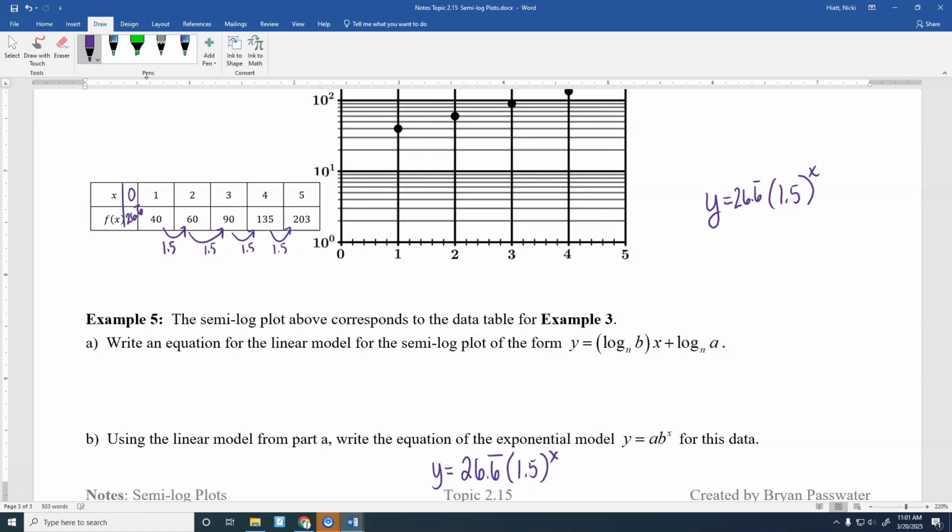So if I want to write a linear equation for this, then I would need to do y equals log base 10 of b, which is 1.5, multiplied by my x, plus log base 10 of 26.6 repeating.